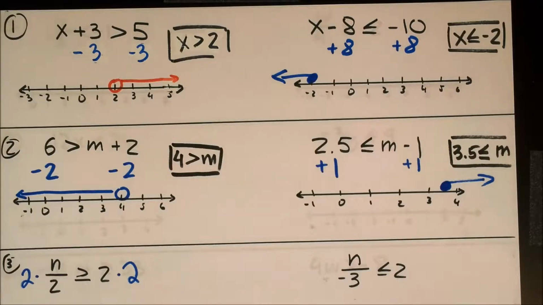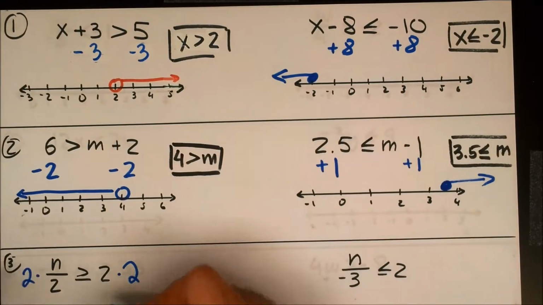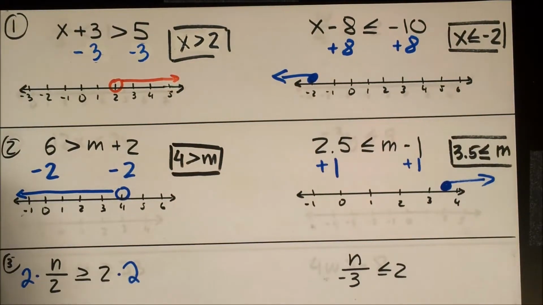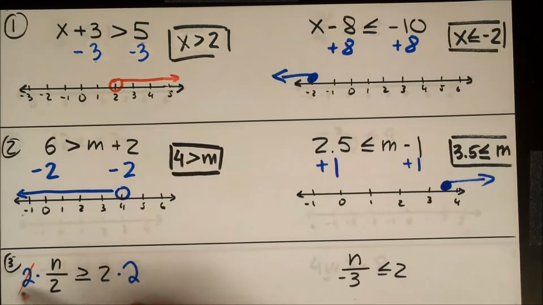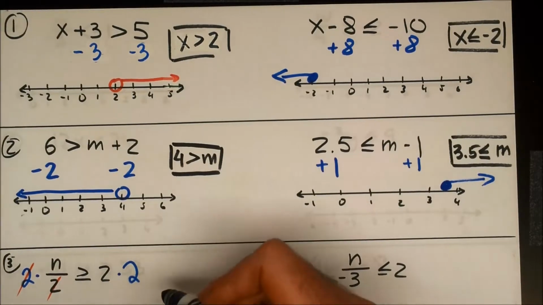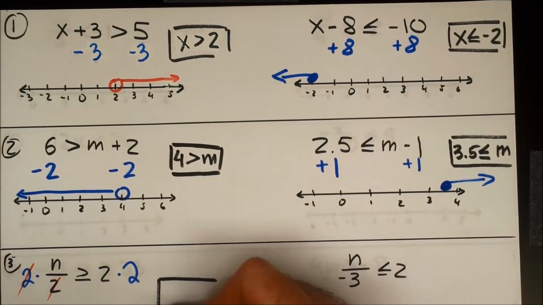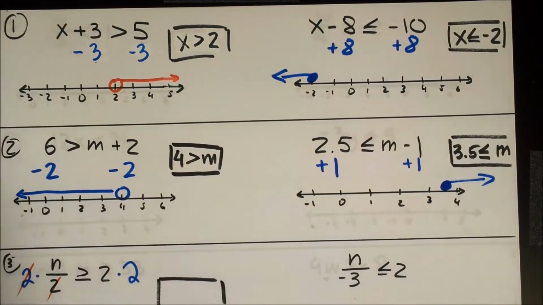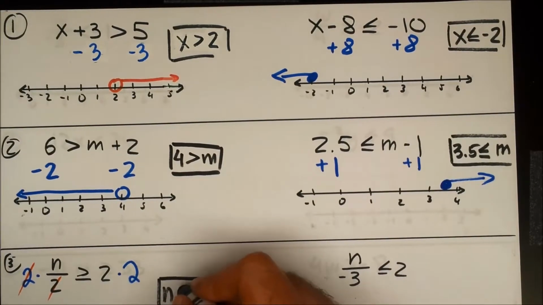Or the first part of 3? No, we're multiplying by a positive number. That's not an exception. We are A-OK to do that. And if we do that, we have some crossing out that happens here, which means that n is greater than or equal to 4. 2 times 2.